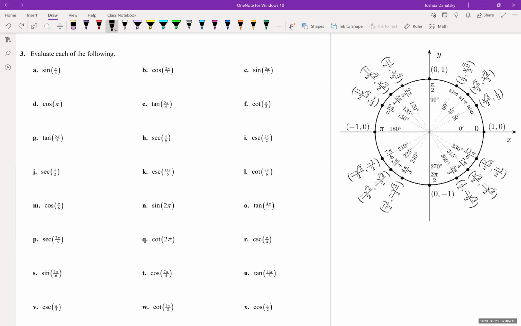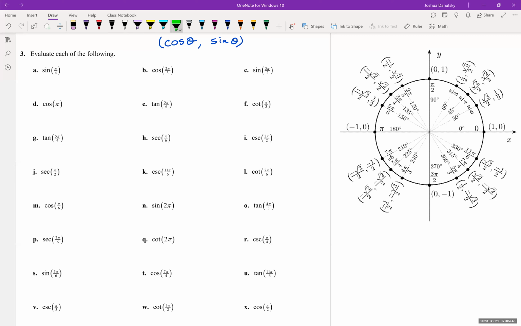If we encounter a problem that does not involve these special angles and we're trying to evaluate trig functions, in most cases we'll just throw that into a calculator. But we need to be able to do these all the way around the circle. So again, the way this works is we have an x and y around the circle, which is going to be cosine for x and sine for y.